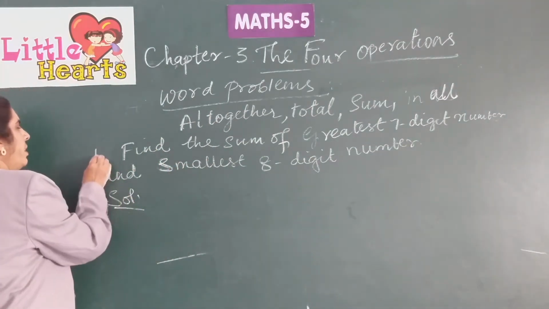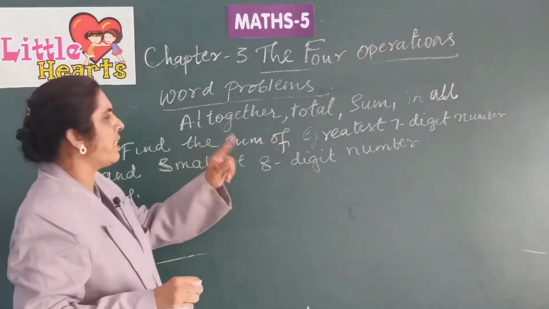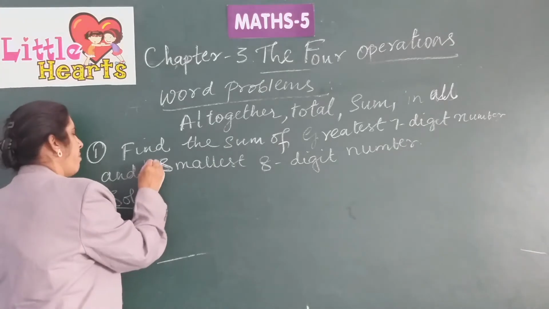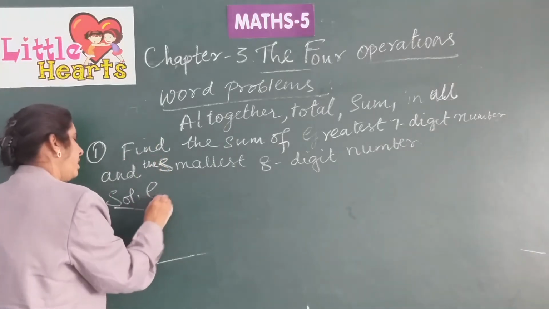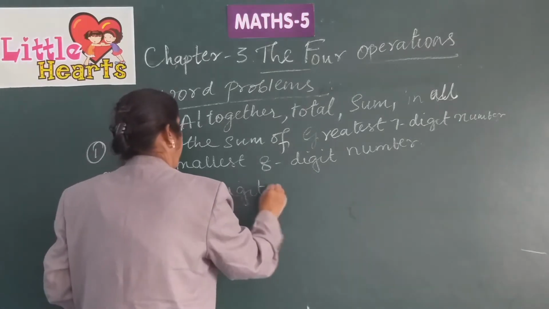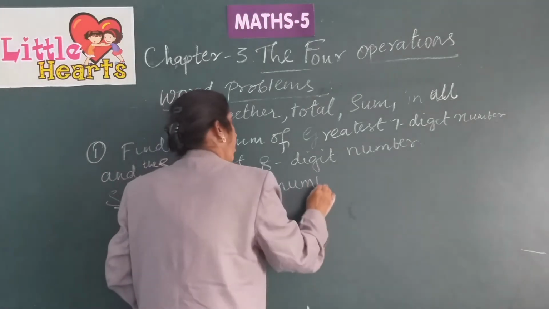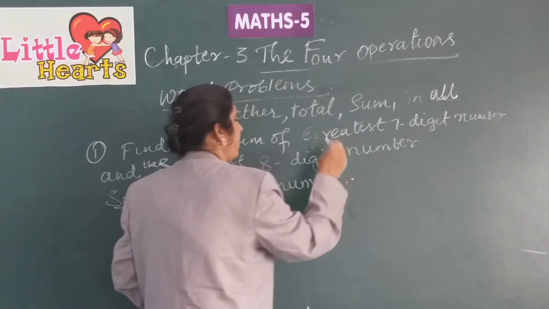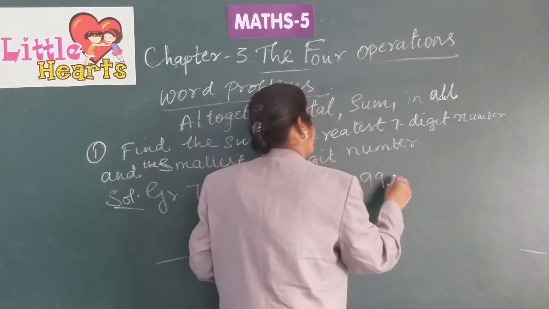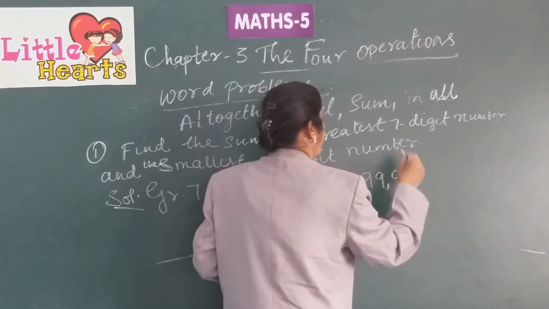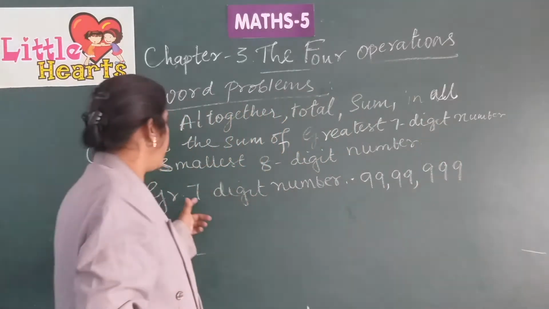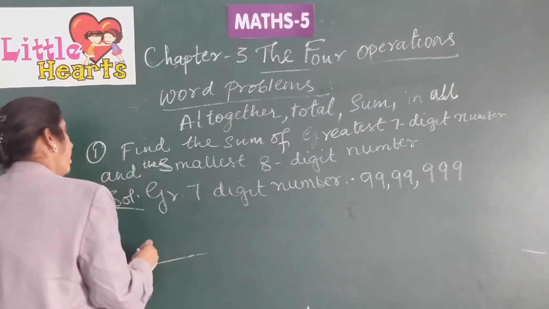Now, find the sum of the greatest 7-digit number and the smallest 8-digit number. Greatest 7-digit number. What is it? 99 lakhs 99,999. It is the greatest 7-digit number.